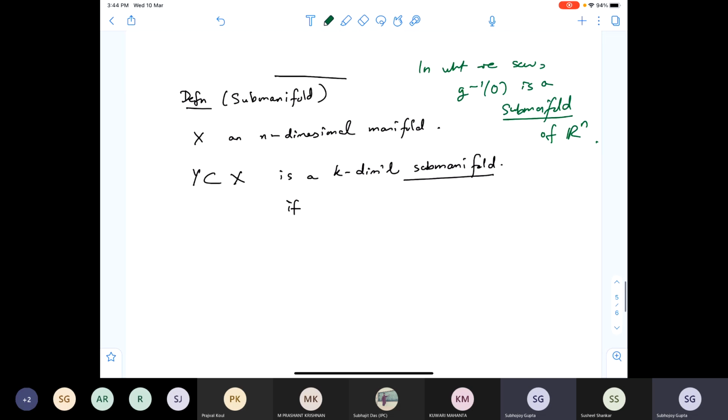In general, you can talk of submanifolds of any manifold. Here I've taken X to be an n-dimensional manifold, and suppose you have a subset Y inside X that is a k-dimensional manifold, where k is less than or equal to n.